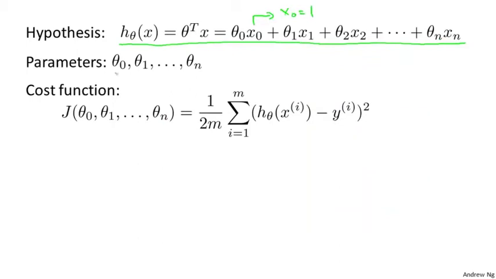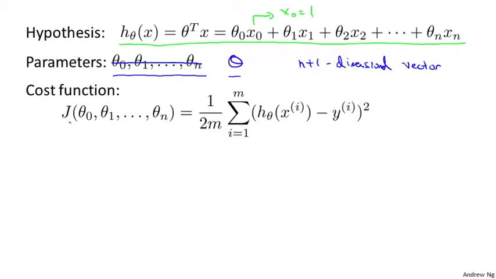The parameters of this model are theta 0 through theta n. But instead of thinking of this as n separate parameters, which is valid, I'm instead going to think of the parameters as theta, where theta here is an n plus 1 dimensional vector. So I'm just going to think of the parameters of this model as itself being a vector.